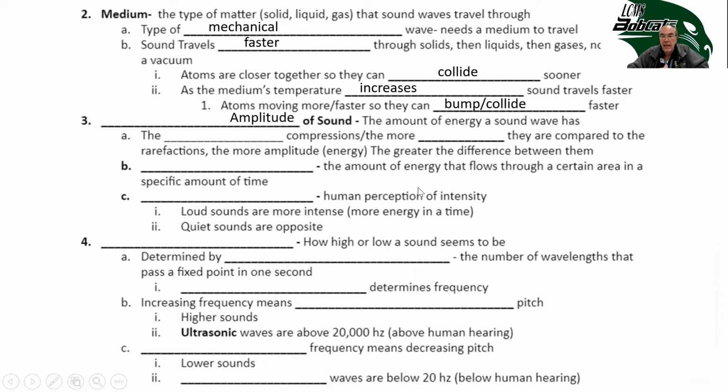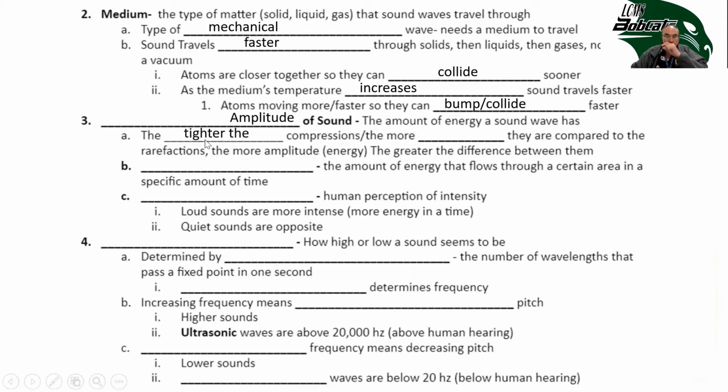Now the amplitude of a sound wave is just like the amplitude of a compressional wave that we learned about in the last unit. It's really the difference between how tightly packed the compressions are compared to how loose the rarefactions are. The bigger the difference between the two of them, the more energy the sound wave has.